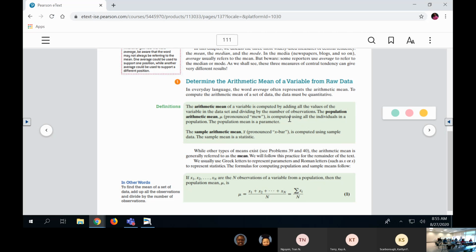Yeah, that's the mathematical definition. But what is the mean? I'll tell you what the mean is. The mean is the number that makes the data uniform. Mean is equal to the number that makes the data uniform.